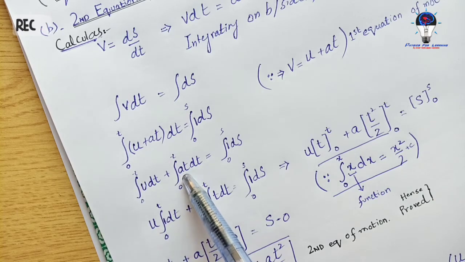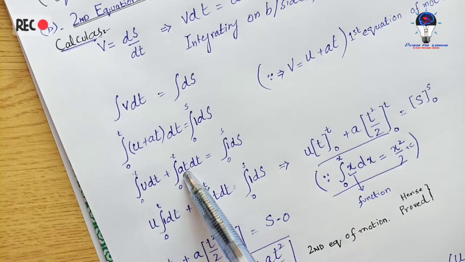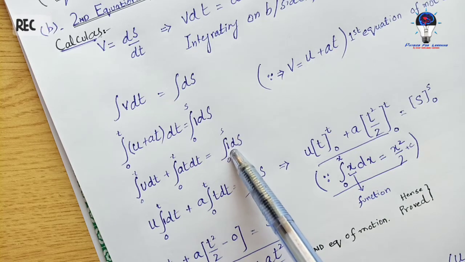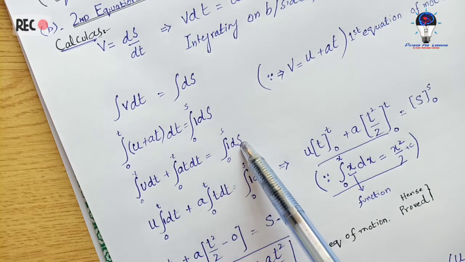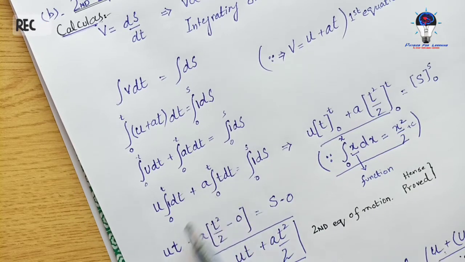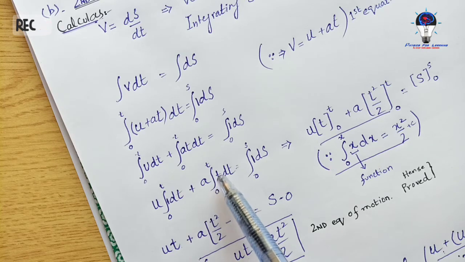And in the second factor a is the constant value, so it will come outside and the remaining part will be t. On the right hand side we will integrate 1 with respect to ds. And now after integrating the respective functions we will get t by integrating 1 with respect to dt, and for integrating t we will get t square over 2.